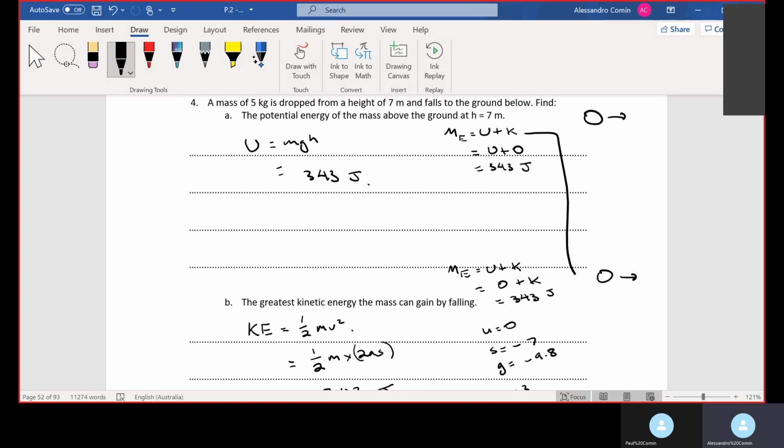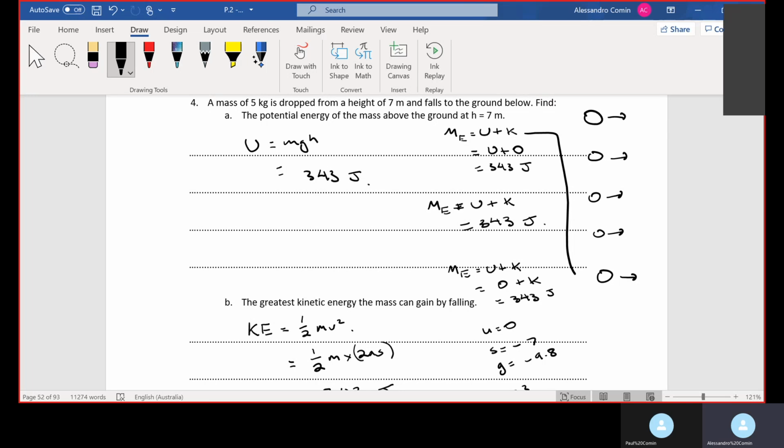But what does that mean? That means that at any point in the ball's flight, the kinetic energy and the potential energy are going to add to 343 joules.